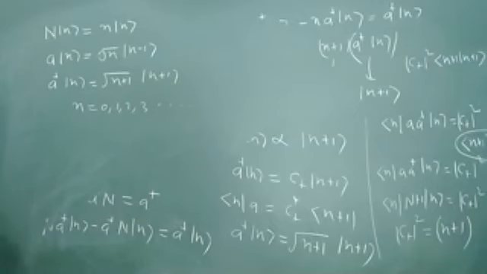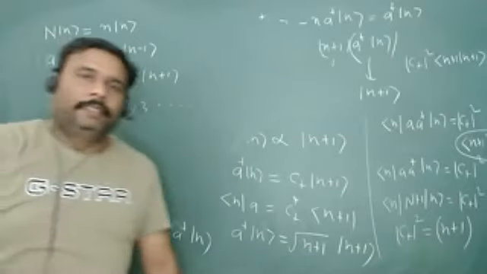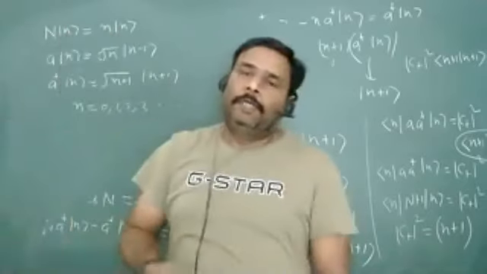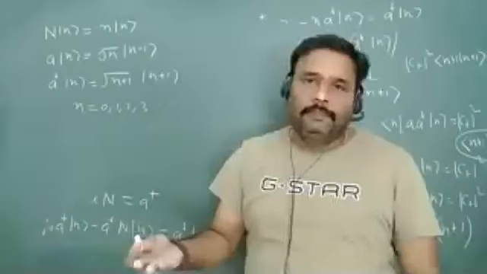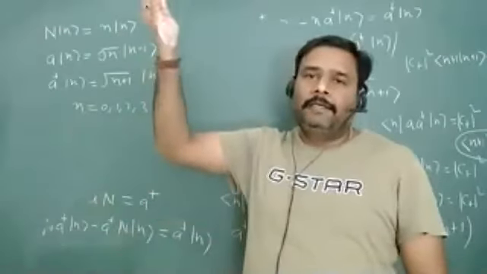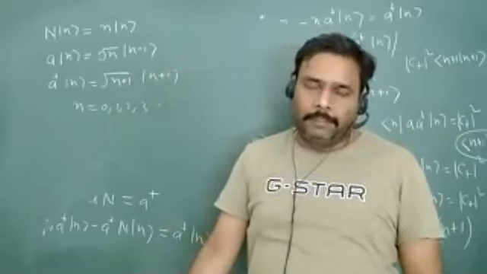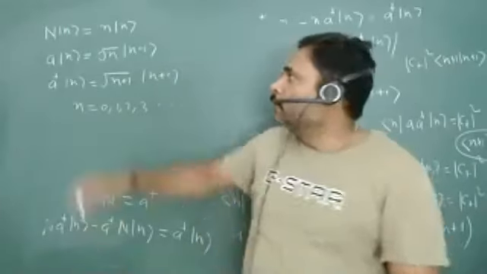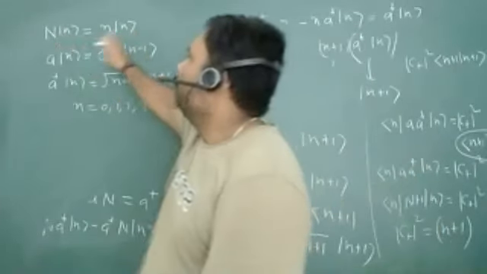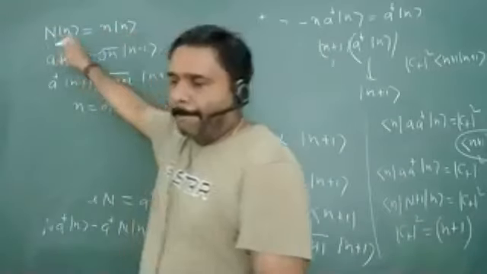Now you can see there are only three cases that can happen in nature. Either you will remain in the same state, or you will raise your state, or you can destroy your state. This will just keep you in the same state.